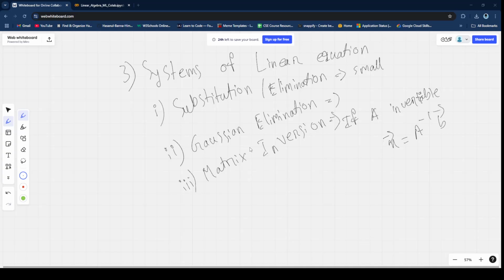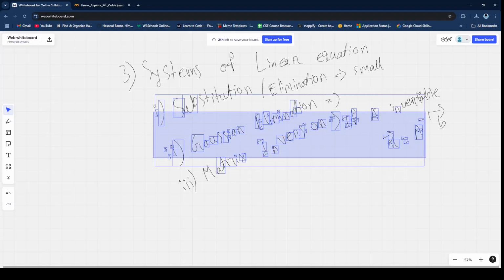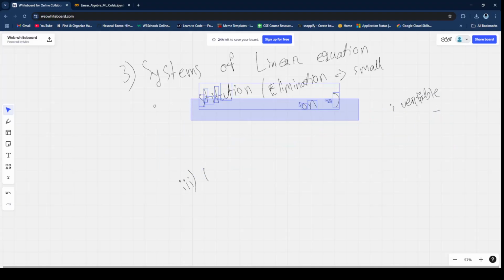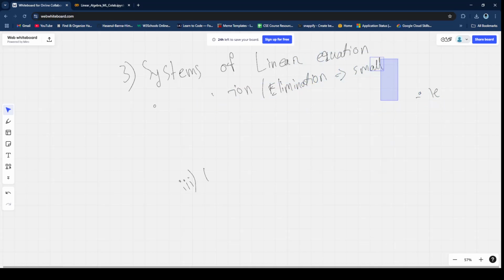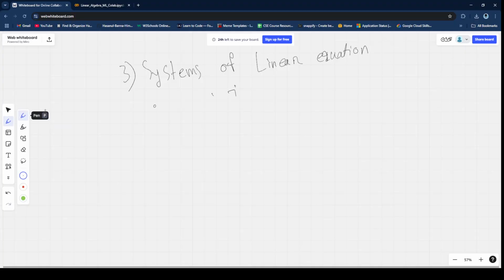Now we have a few conditions here to find the solutions. Let me erase this. For the solution we have the unique solution. If I have a unique solution, it will be a full rank.